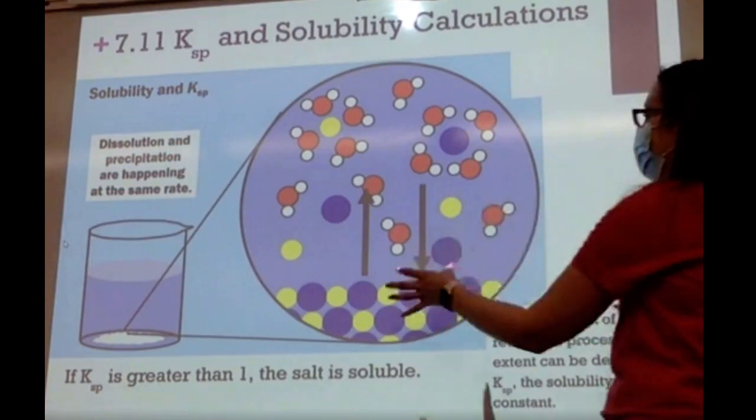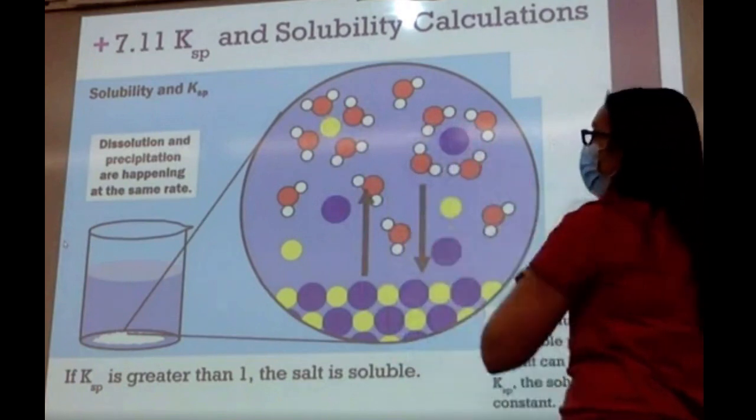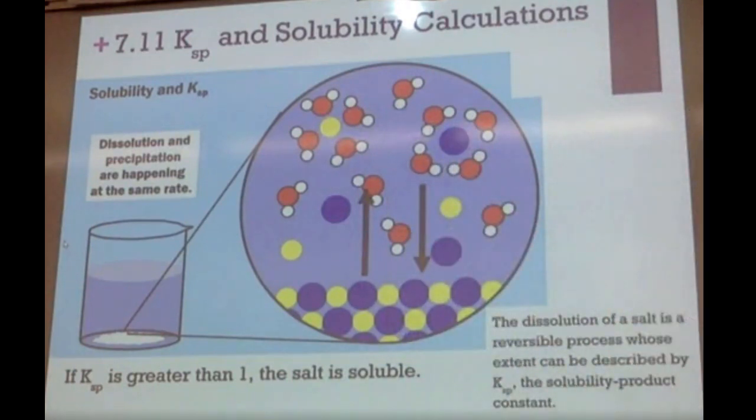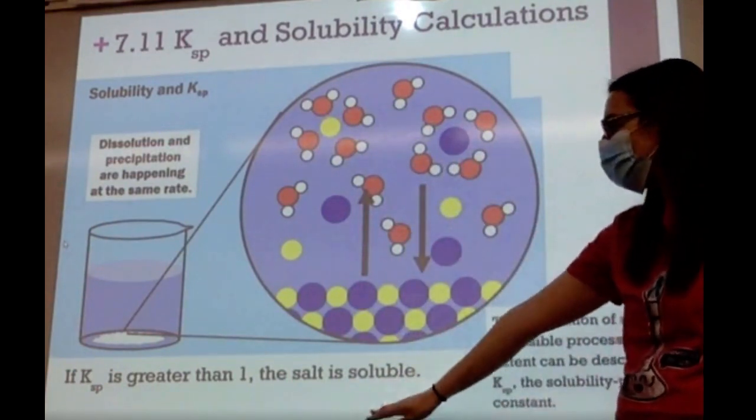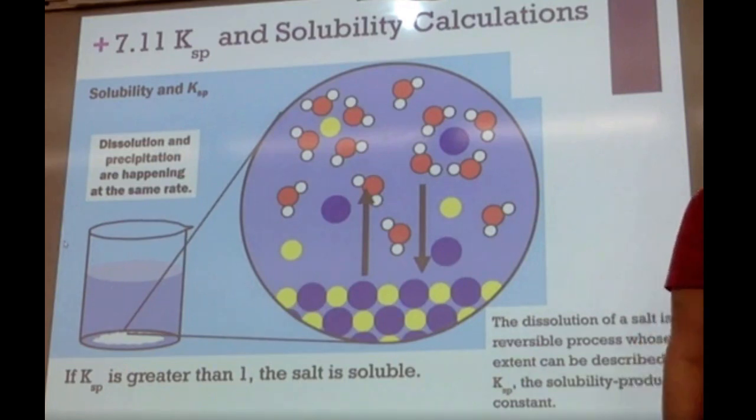So we have a solid at equilibrium with its ions. That's KSP. Now, if KSP is greater than 1, we would have that solid, that salt, as soluble. If KSP is greater than 1, we would consider a salt soluble, meaning it dissolves in water.